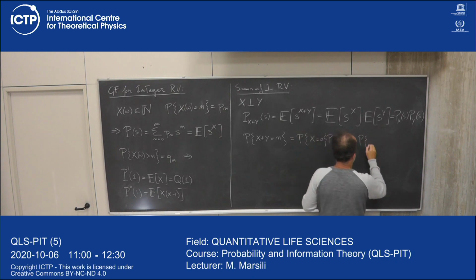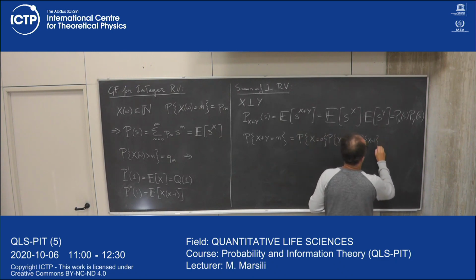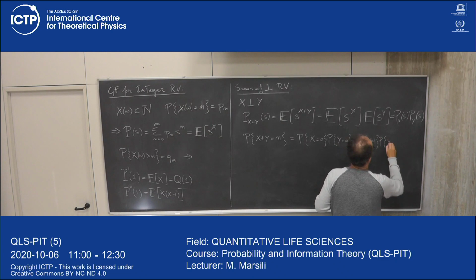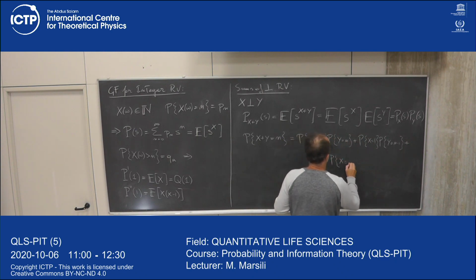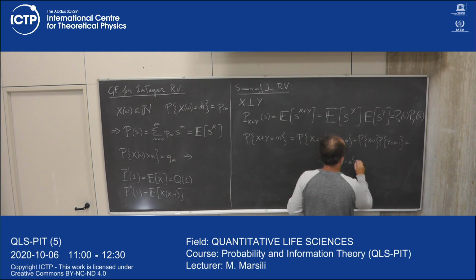Plus the probability that x is equal to 1 times the probability that y is equal to n minus 1, plus etc., plus the probability that x is equal to n times the probability that y is equal to 0.